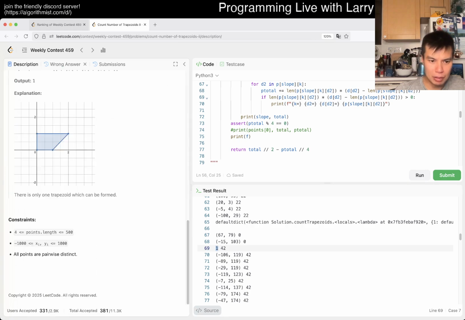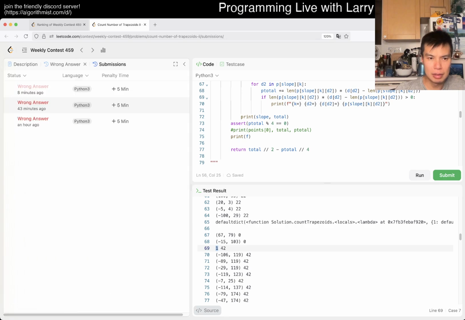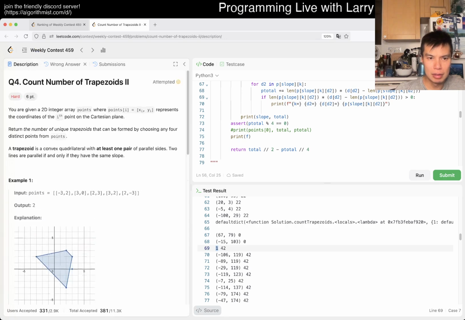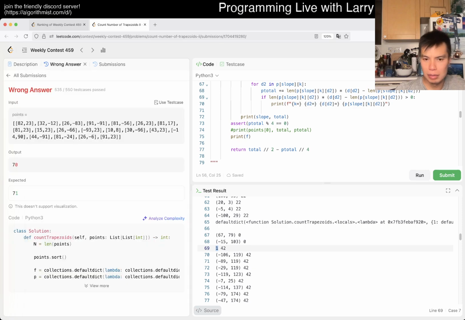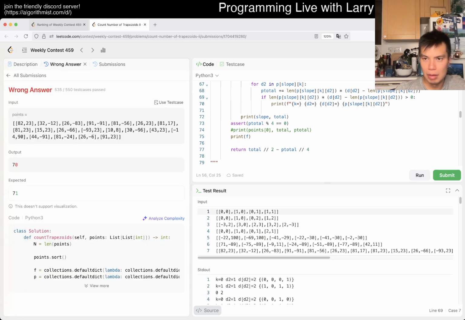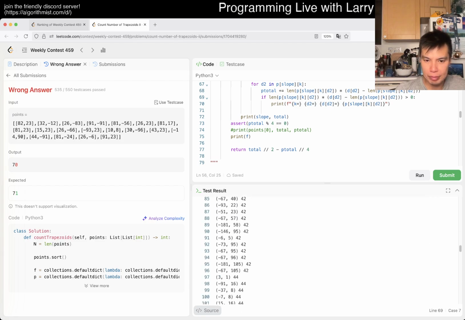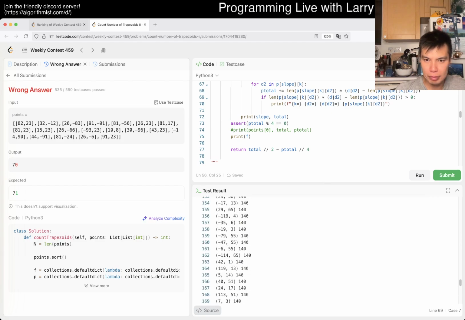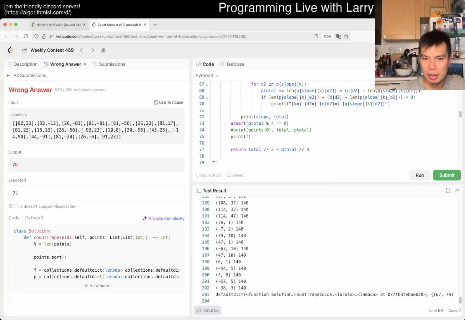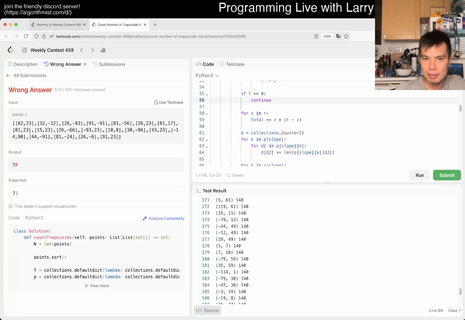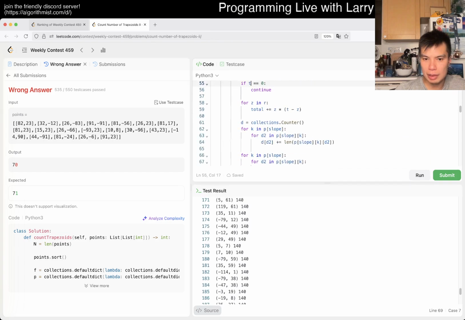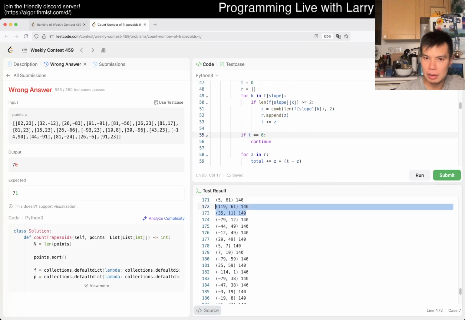The points are unique, right? Pairwise distinct. Yeah, and slope is dy over dx, that's why it could be negative. Okay. Wait, if t is not equal to 0, then why do all these exist?